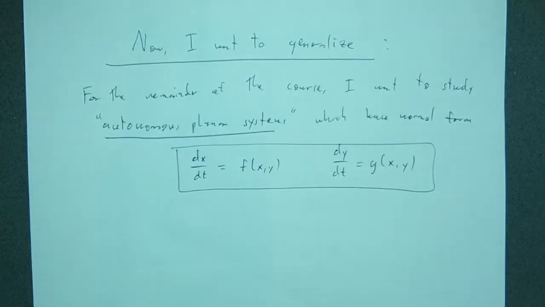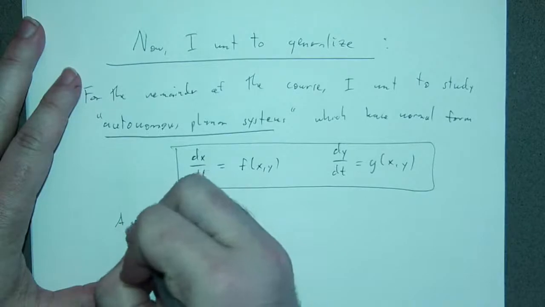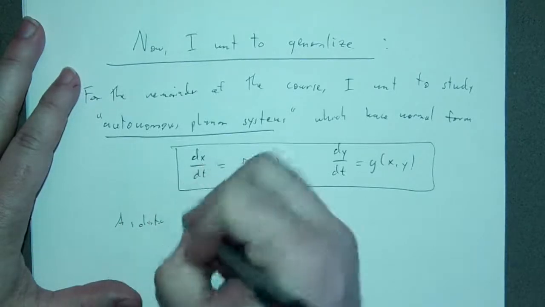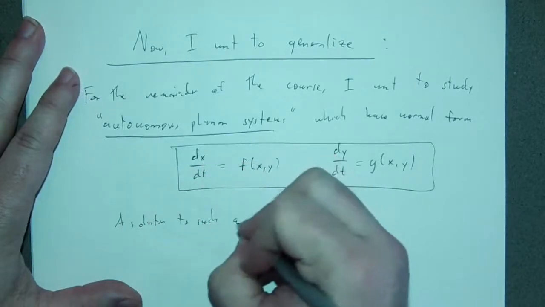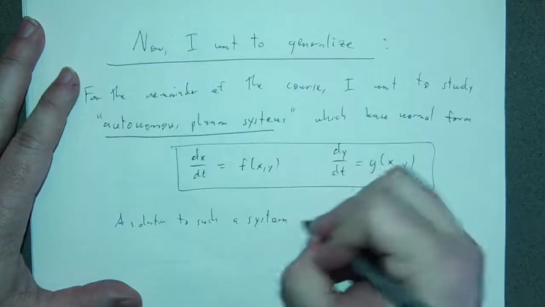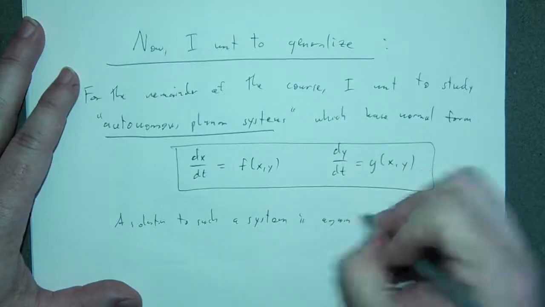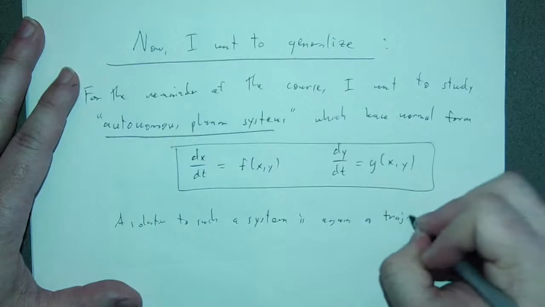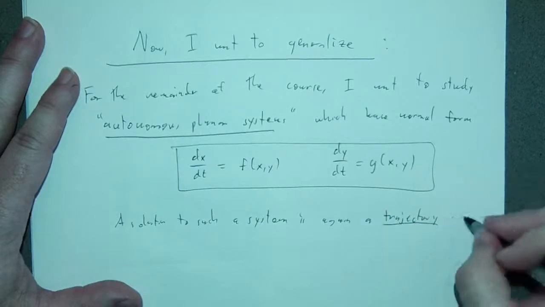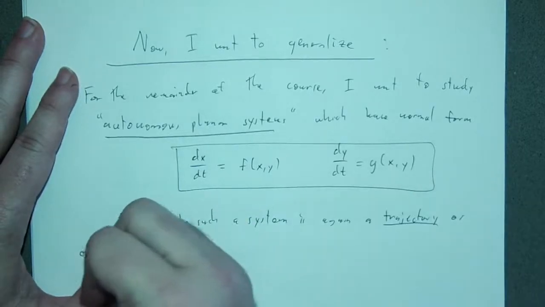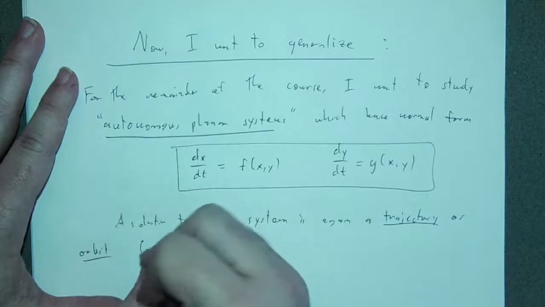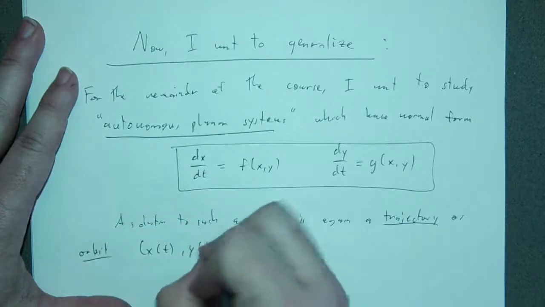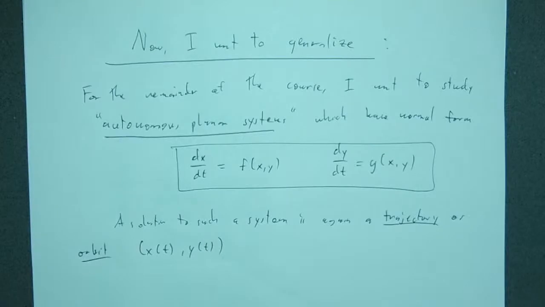Okay, so it is true that a solution to such a system is again a trajectory or orbit x of t, y of t, tracing out a curve in the plane, right?